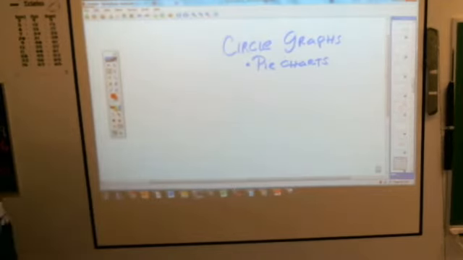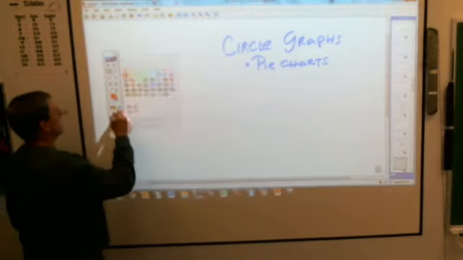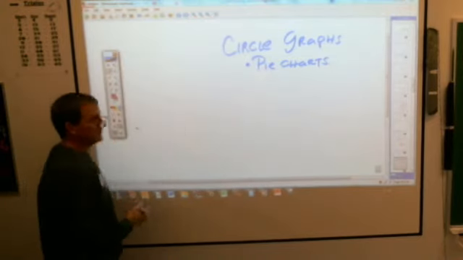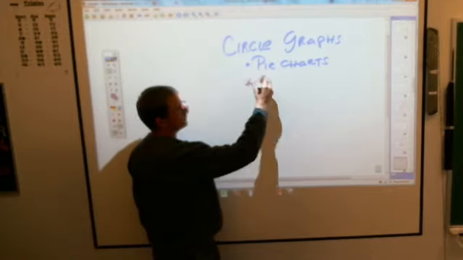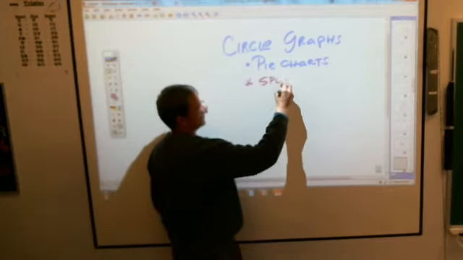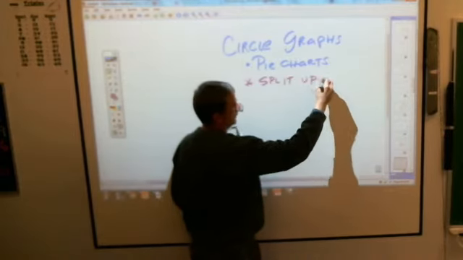A pie chart and circle graphs are really only used in certain occasions, and that is usually when you are trying to split up a whole.